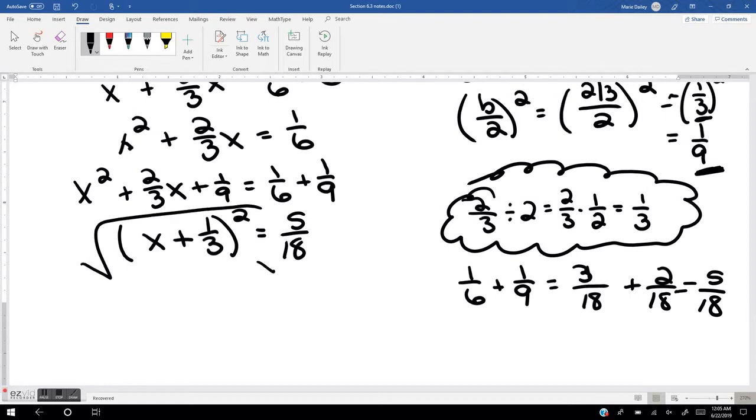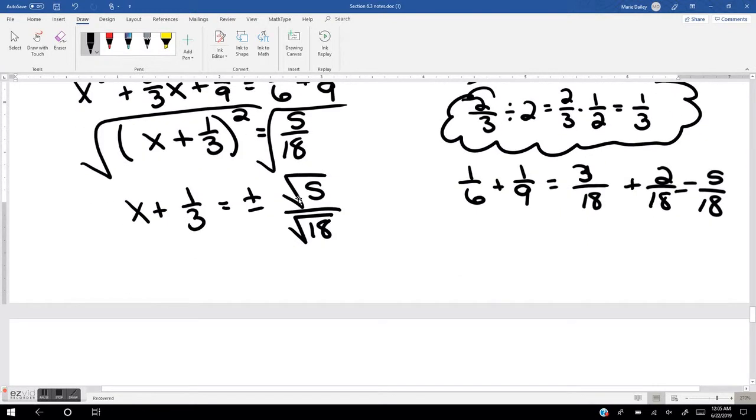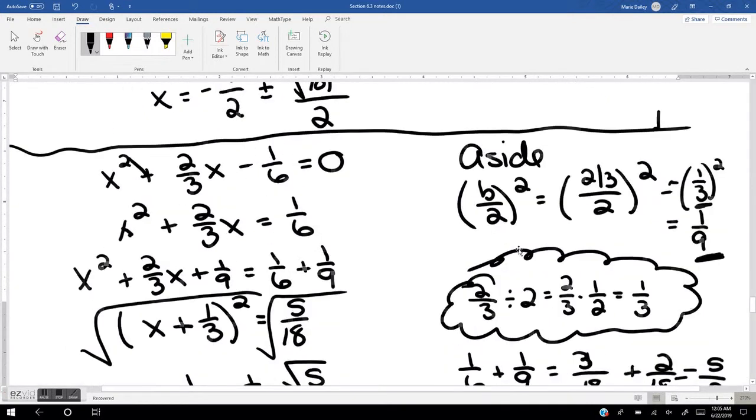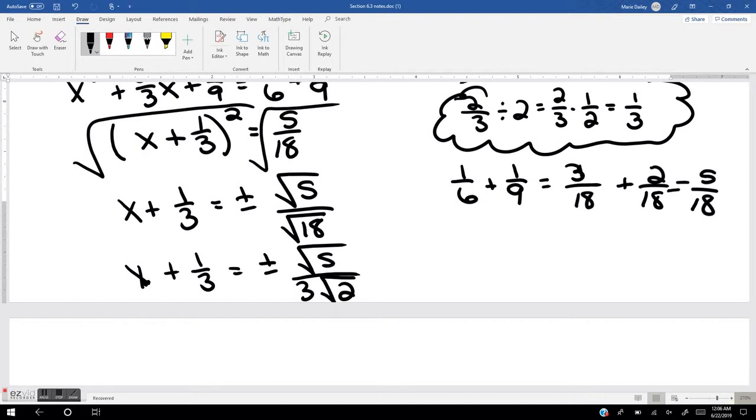Of course, then we're going to take the square root of both sides. Now remember, when you take the square root of a fraction, it is square root top, square root bottom. Remember, we need to simplify that denominator. 18 will be 9 and 2, which is then 3 square roots of 2.